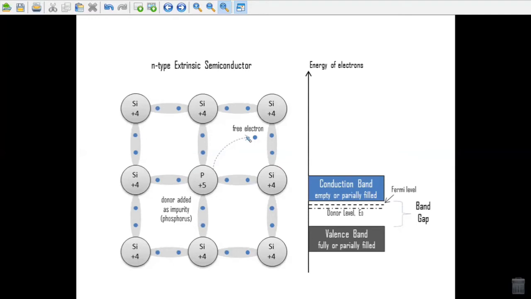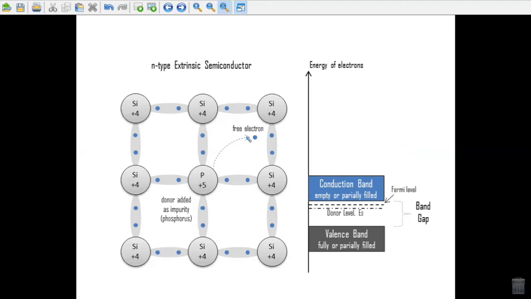Since the host silicon atoms are tetravalent, only 4 of the 5 valence electrons of the impurity are used in forming the covalent bond, leaving one electron weakly bound to its parent atom. These electrons can be easily excited into the conduction band by supplying an energy equal to ED, the donor energy, of the order of 0.013 electron volt.